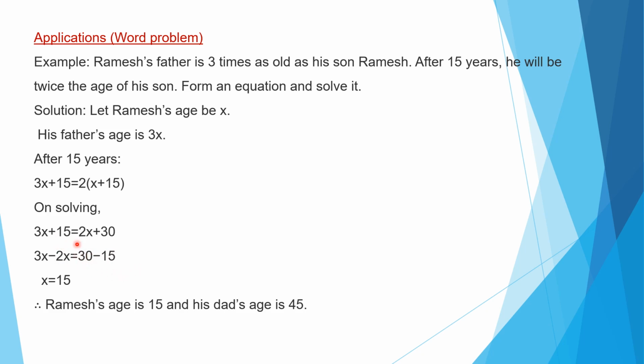What we have done here, all the constants we have segregated and all the variables we have segregated. Now 3x minus 2x is x and 30 minus 15 is 15. So Ramesh's age is 15 and his dad's age is 45. How 45? Because 3 times as old as Ramesh. That's why 15 into 3 is 45.